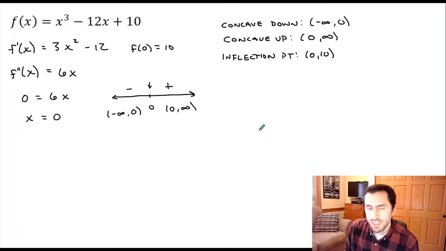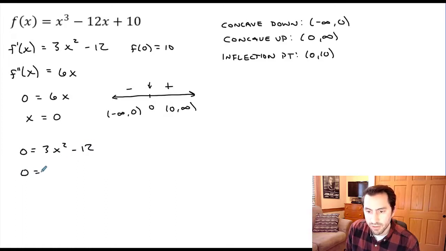All right, so that takes care of the first two things I wanted to do. We know where our function's concave down, where it's concave up, and we know where we have an inflection point. Now the next thing I want to do is find any local minimum values or local maximum values. To do that, we do need our critical numbers. So I'm going to go back to my first derivative and set that equal to 0. So 3x squared minus 12.